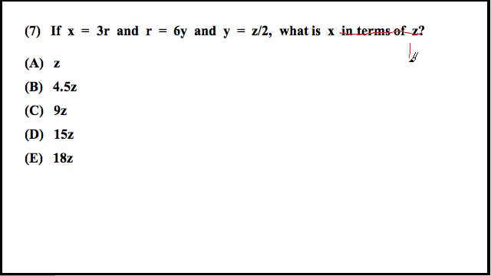Let's say we make z 18, so y is 18 over 2, or 9, r is 6 times y, which is 54, and x is 3 times 54, or 162. Okay, so that's our target.